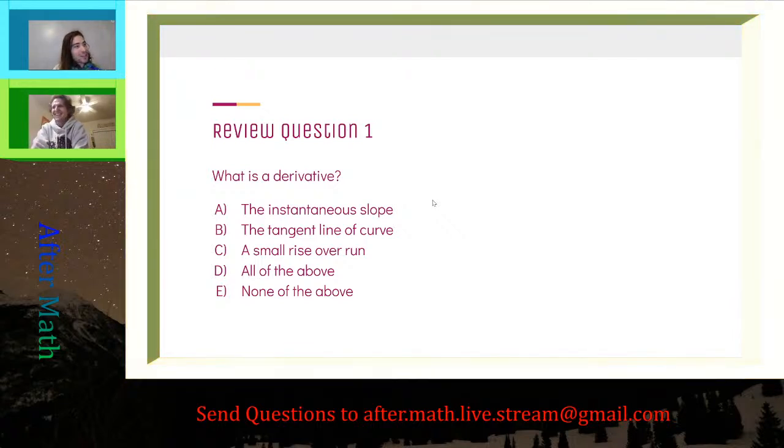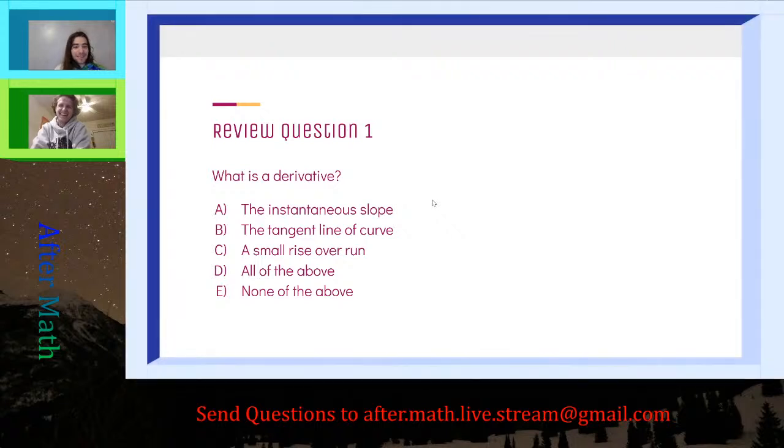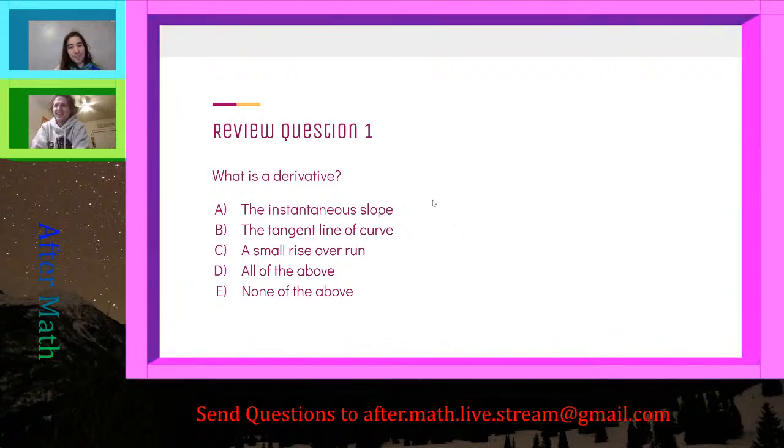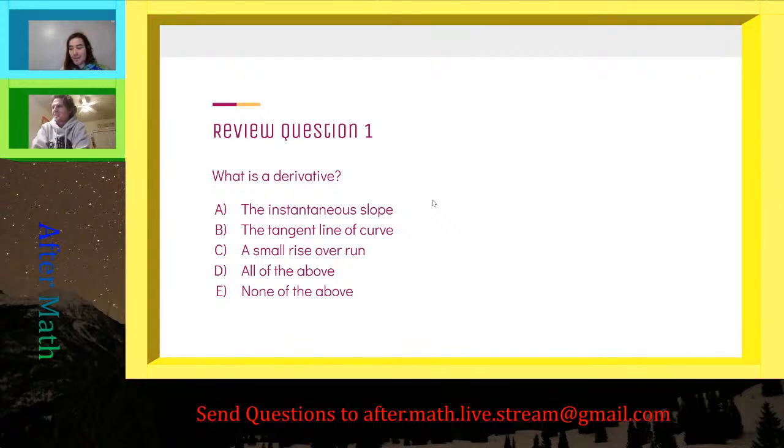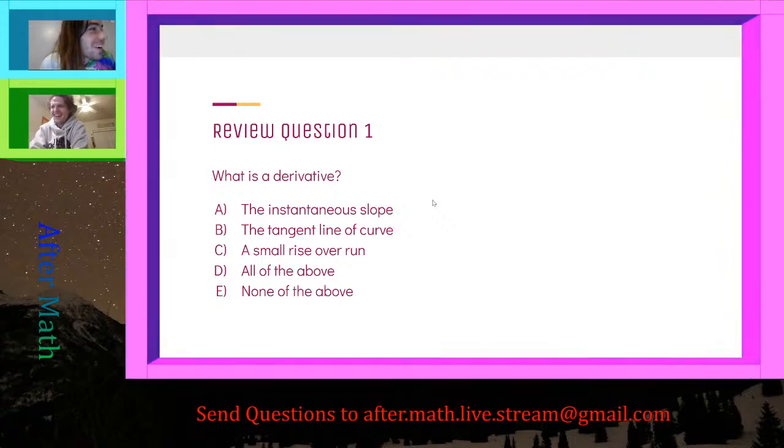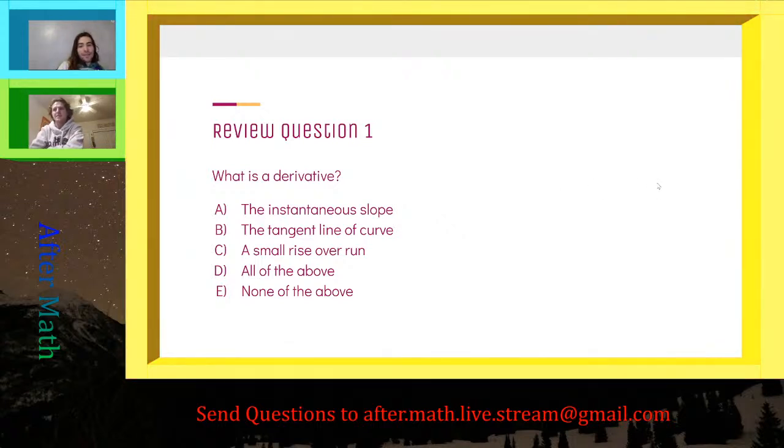I agree with you. But Jaden, when we take a test, it's good to read all of the options, right? So it's also the tangent line of a curve and a small rise over run. Awesome.